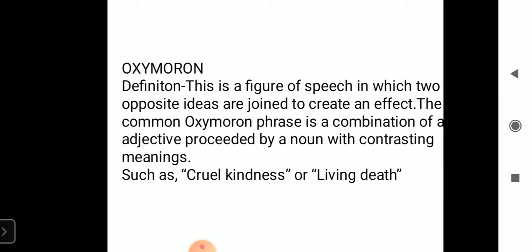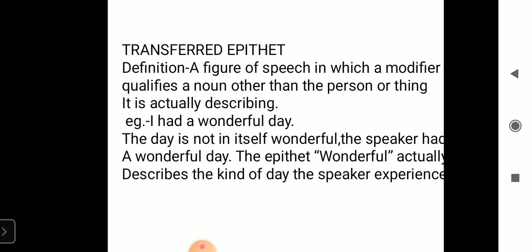As it is given, cruel kindness. Cruel bhi hai, kind bhi hai. How can it be? Right? So opposite meanings have been given. Okay, living death. Living bhi aur death bhi. How can it be? Alright, this is oxymoron.